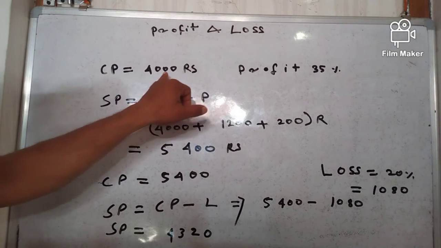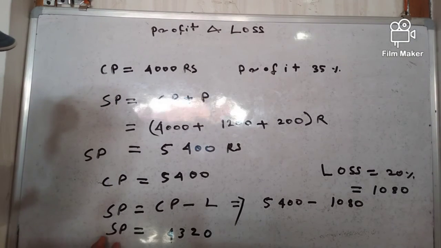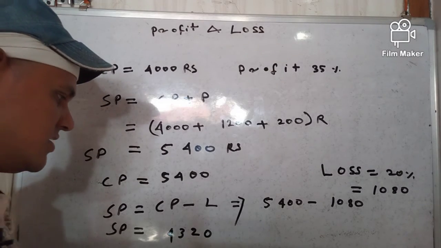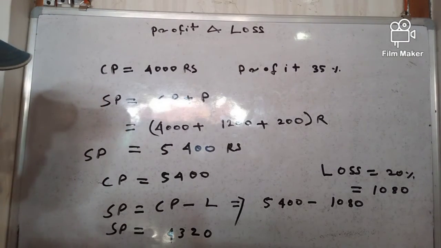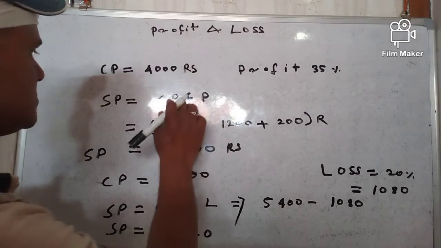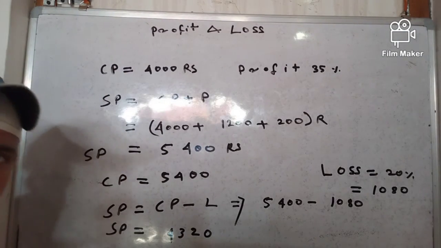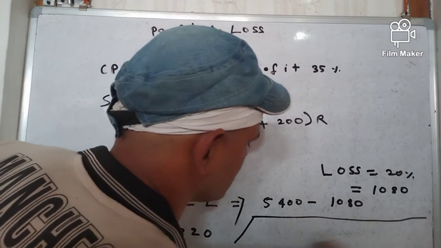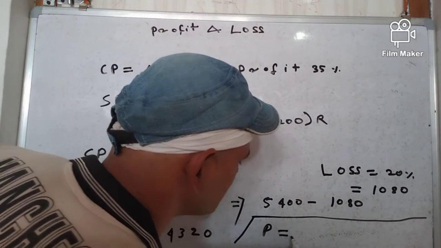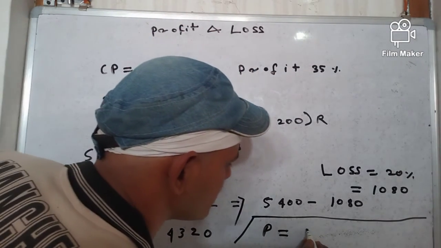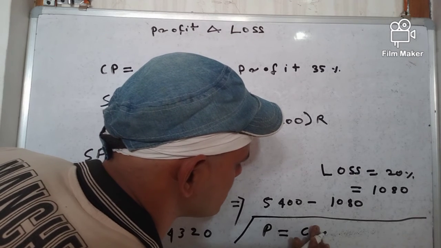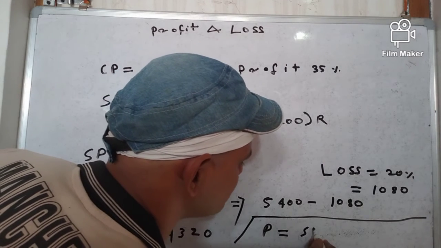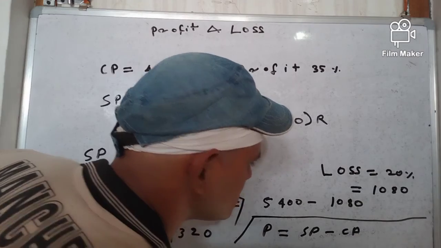CP is 4000 and SP is 4320. So SP is greater than CP, so definitely it will be a profit. Profit equals SP minus CP.